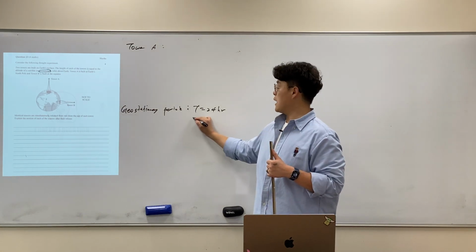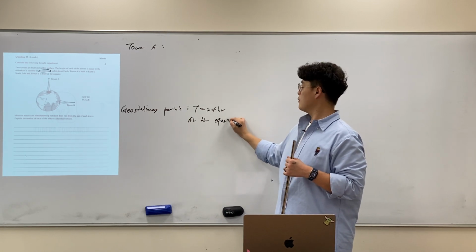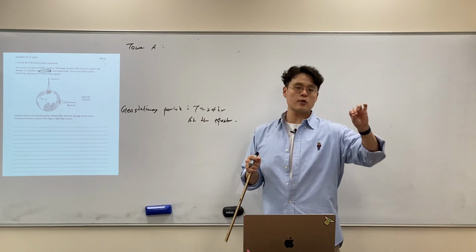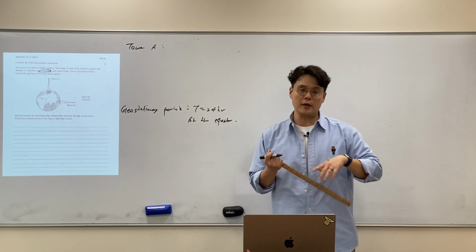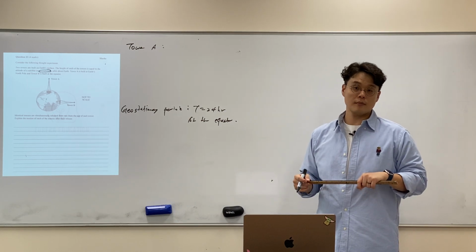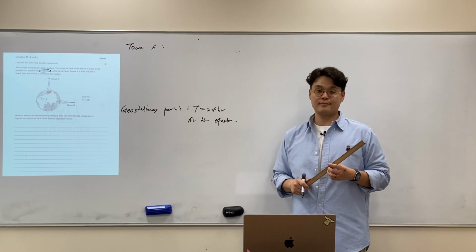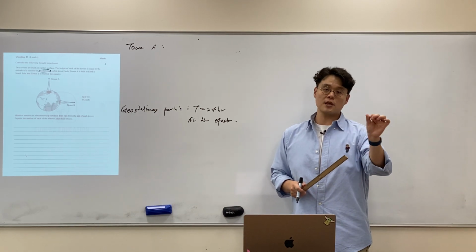So the satellite must be at the equator. Why is that? Why do you think we need to place a satellite at the equator? Not above, not below, but right at the equator. We had that in the multiple choice, by the way. What is the benefit of putting something at the equator?